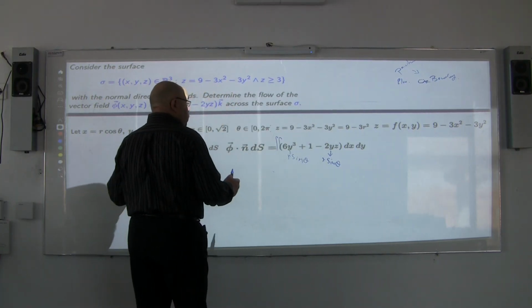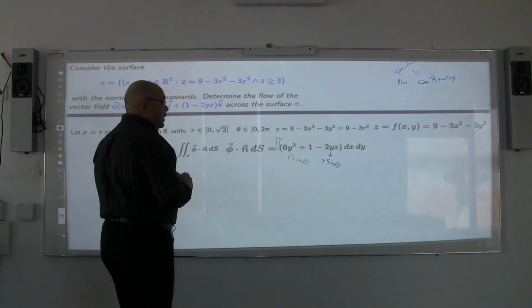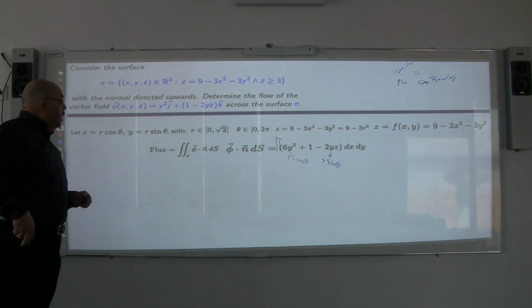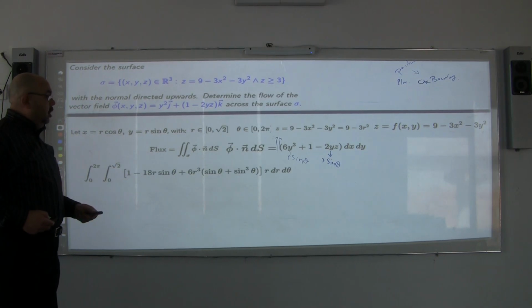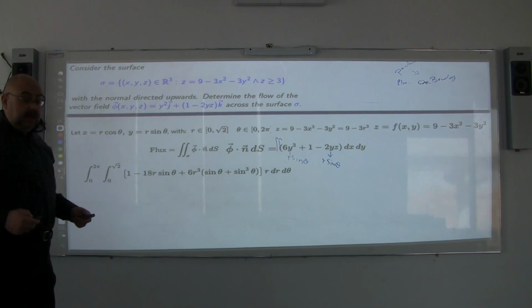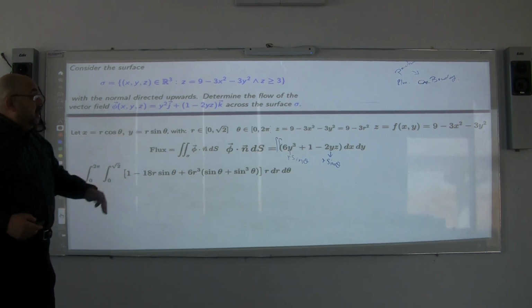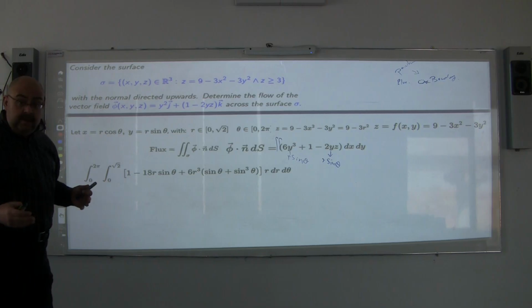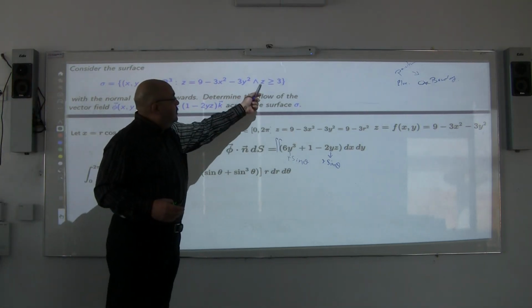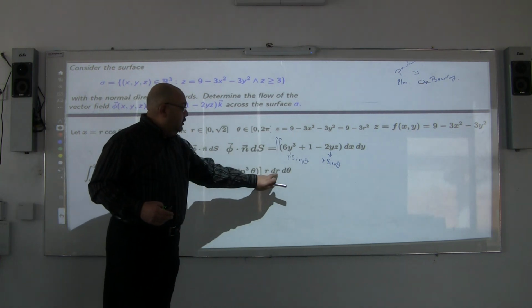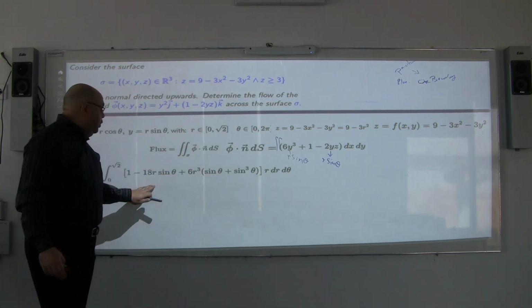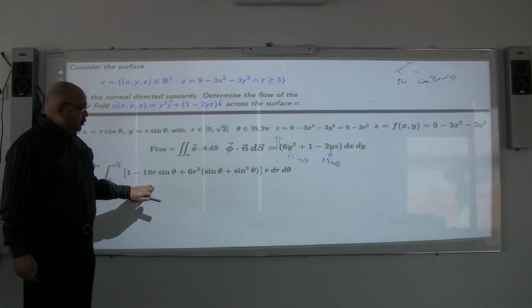And for the z component, I can replace it with 3, the value of the plane that we are intersecting with, z greater than or equal to 3. And replacing dx dy by r dr d theta and expanding, we will have this relation in front of us.